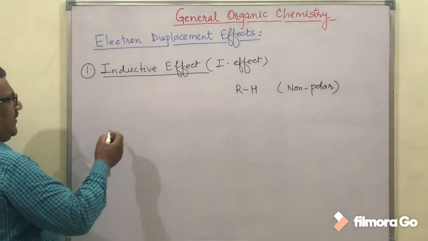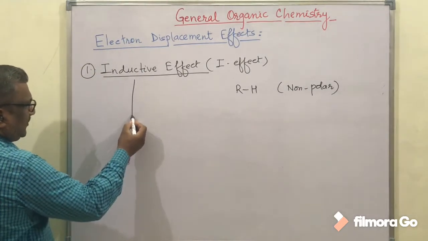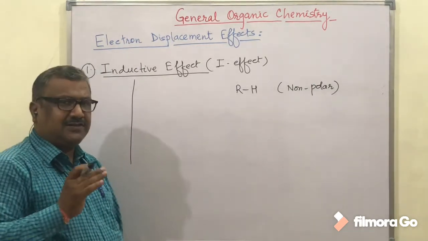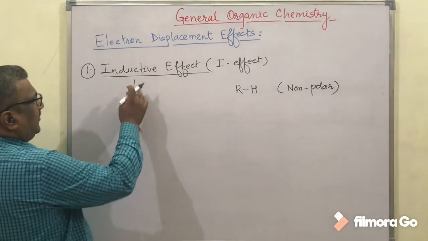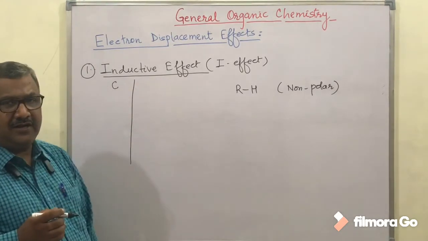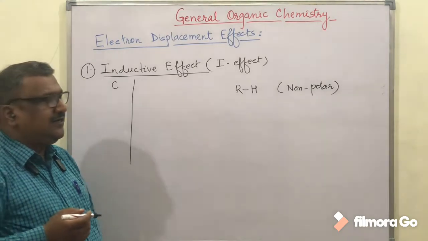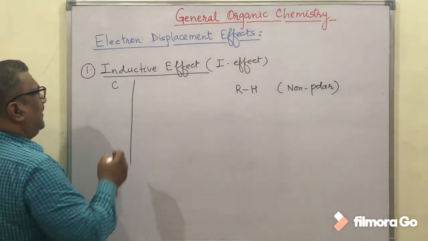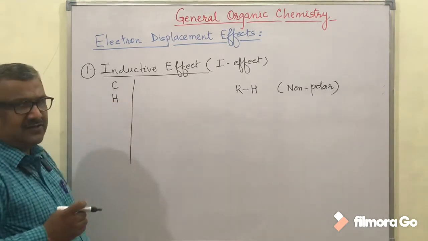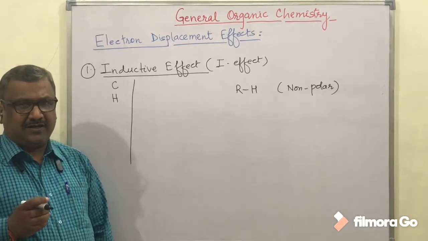Now remember, in most of the organic compounds we study in the whole of organic chemistry, carbon is essential. Without carbon we cannot have an organic compound. Apart from carbon, we see the presence of hydrogen in almost all organic compounds.